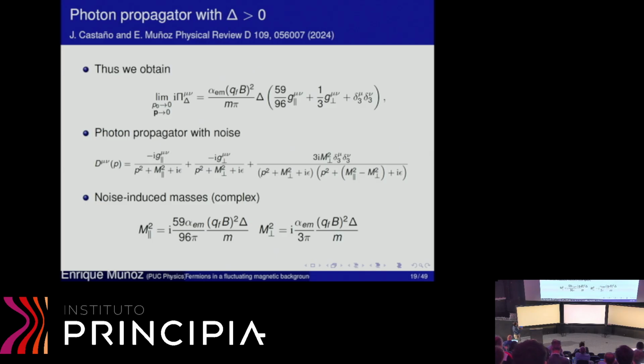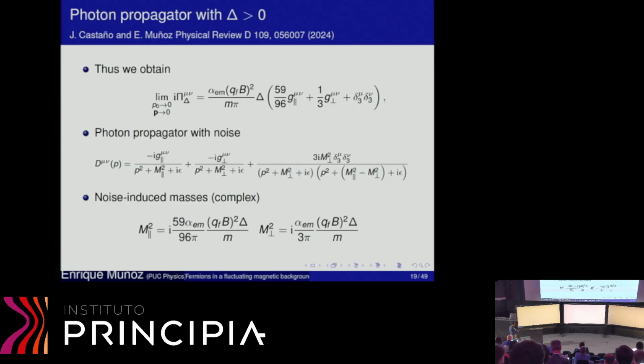So you may see that indeed we obtain parallel and perpendicular masses for the two parallel and perpendicular sectors of the Lorentz space, but we also get an additional tensor structure here, which is basically the projection along the direction of the magnetic field, which is of course expected. And the masses that we obtain here through the poles are complex masses, because m squared is imaginary for both parallel and perpendicular components.